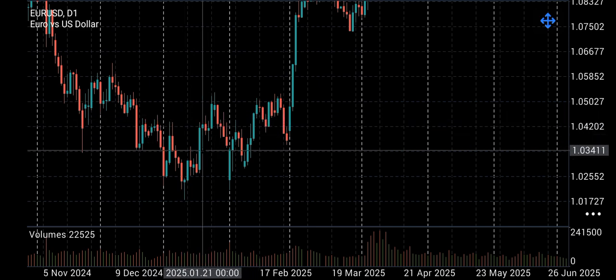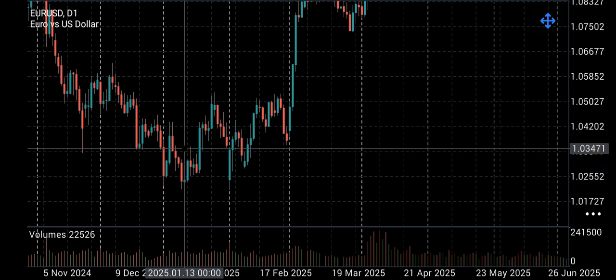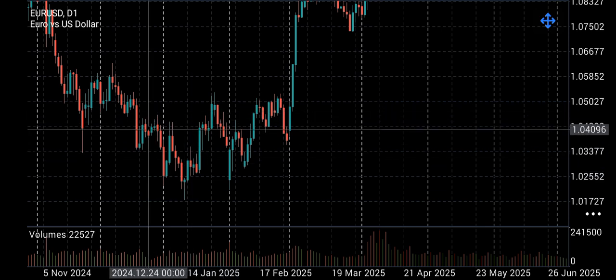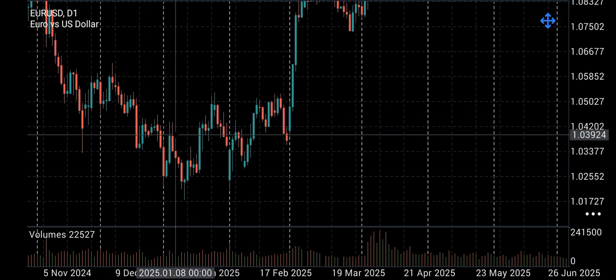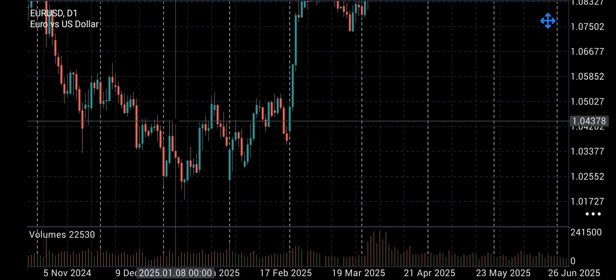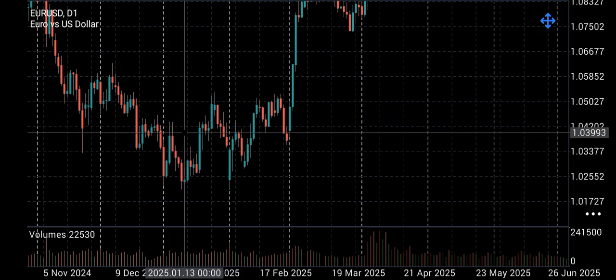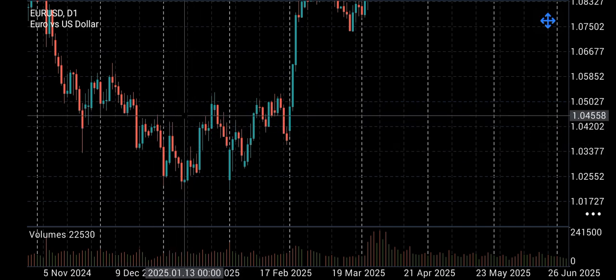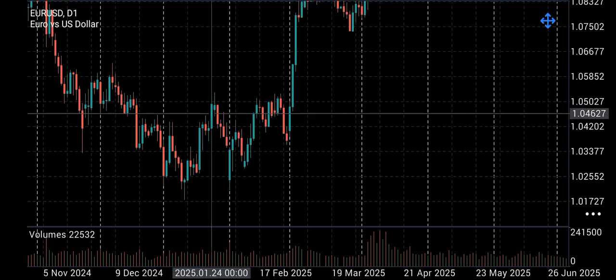For example, after this manipulation happened here, market pushed up and closed above this range.